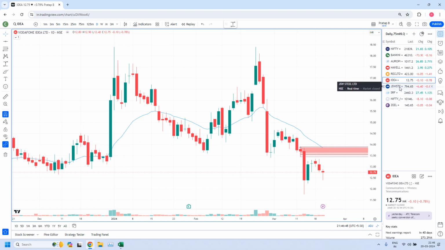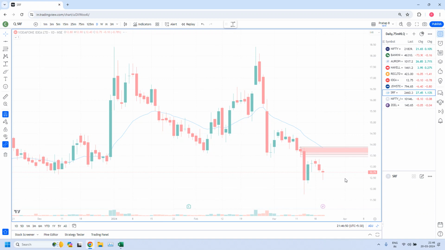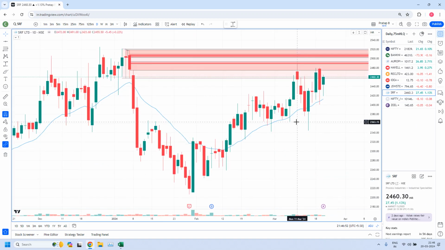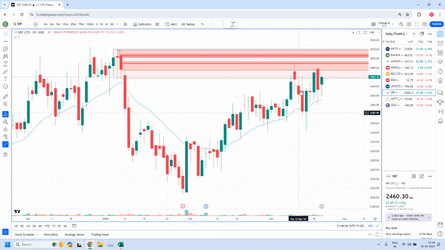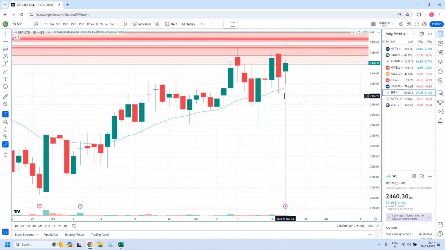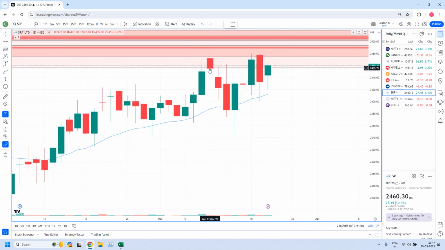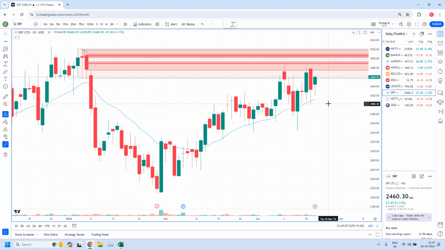And JSWSTEEL, we discussed. SRF is one last stock. SRF is also a fine-tuned zone, and we also got a trade on 11th March. On the 11th March video, please refer, because prices entered and it gave a trade on the 11th. It's a successful trade for us. So please look into the 11th March video.